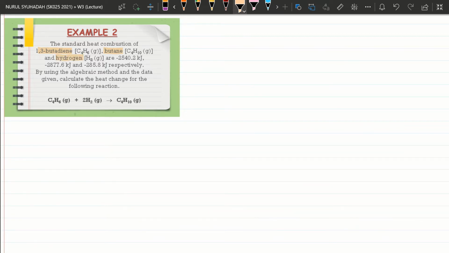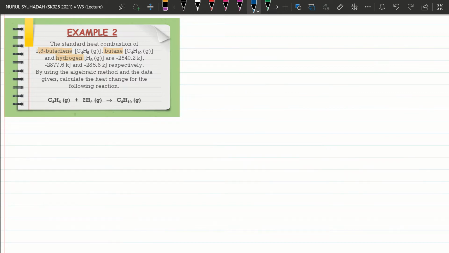Since it's a combustion reaction, recall the definition of delta H combustion: standard combustion is the heat released when 1 mole of compound is burned completely in excess oxygen, at standard condition of 25 degrees Celsius and 1 atm pressure. By understanding the definition, you can write down the equation.